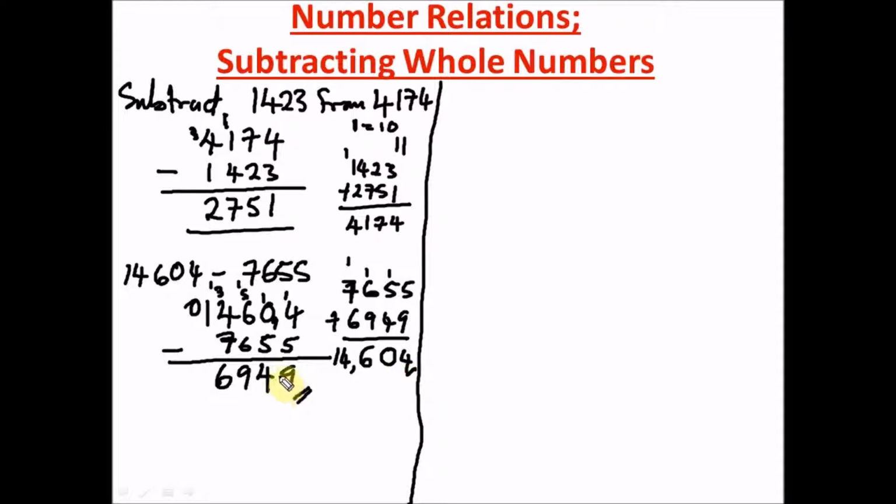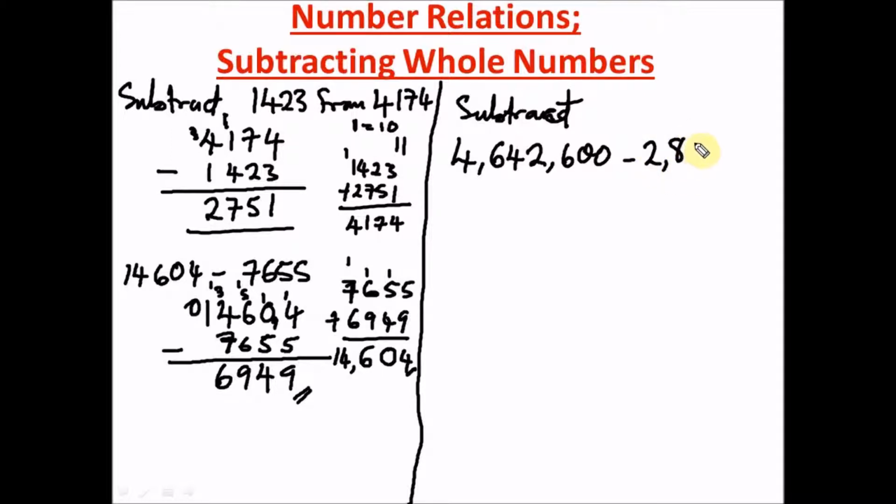Okay, all right, so let's do one more together. Let's say we're to subtract this. We have 4,642,600 minus 2,876,350.